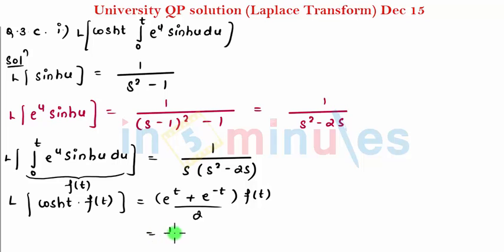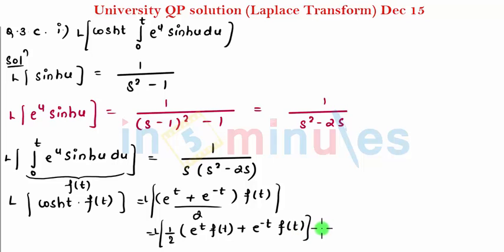So what I'll be doing, 1 by 2 e raised to, I need to find Laplace of this. So I say Laplace of 1 by 2, e raised to t multiplied to f of t plus e raised to minus t multiplied to f of t. So after writing Laplace, I can write 1 by 2 phi of s minus 1 plus phi of s plus 1. So let's substitute here.